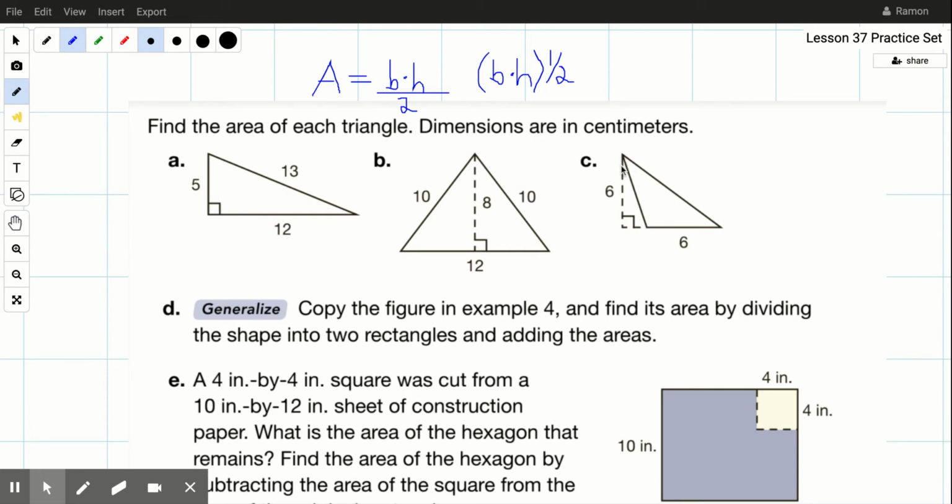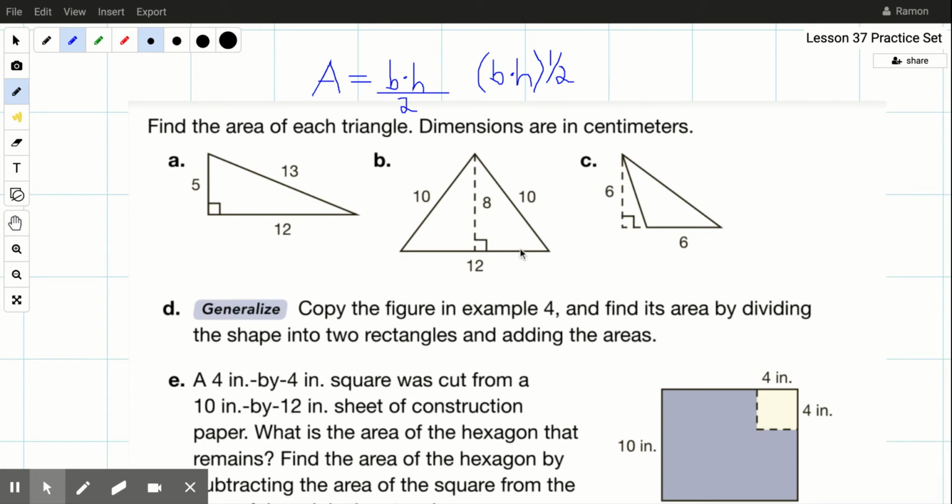The given height for non-right triangles is the distance from the top vertex to the base, and that's going to be a perpendicular line. And like I said earlier, you could work these around. You'd have to cut some things here and there so that they become rectangles.